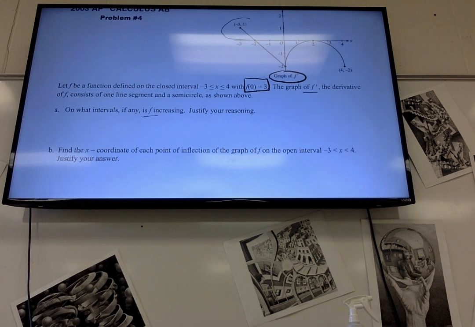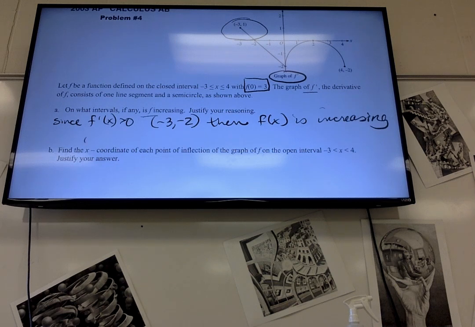Yes, because it's above the x-axis, so that means f prime is positive, and when f prime is positive, f is increasing. Since f prime of x is greater than 0 from negative 3 to negative 2, then f of x is increasing on negative 3 to negative 2.